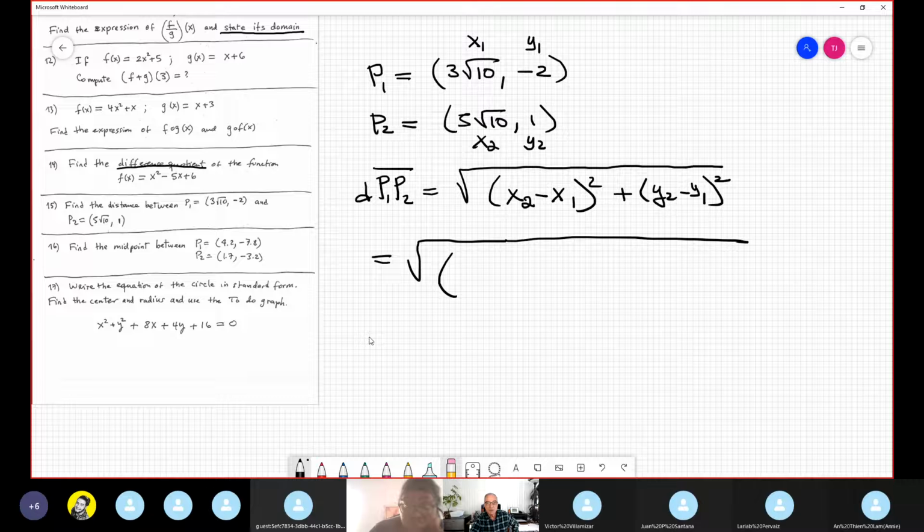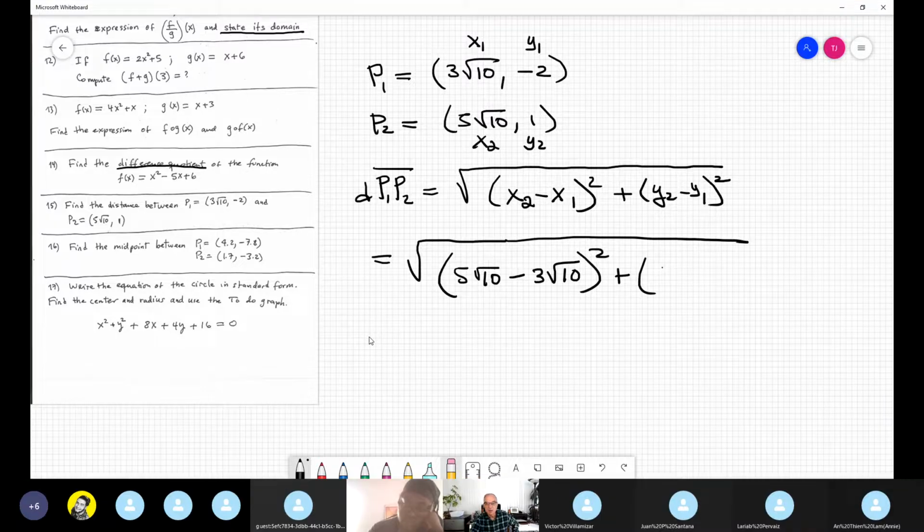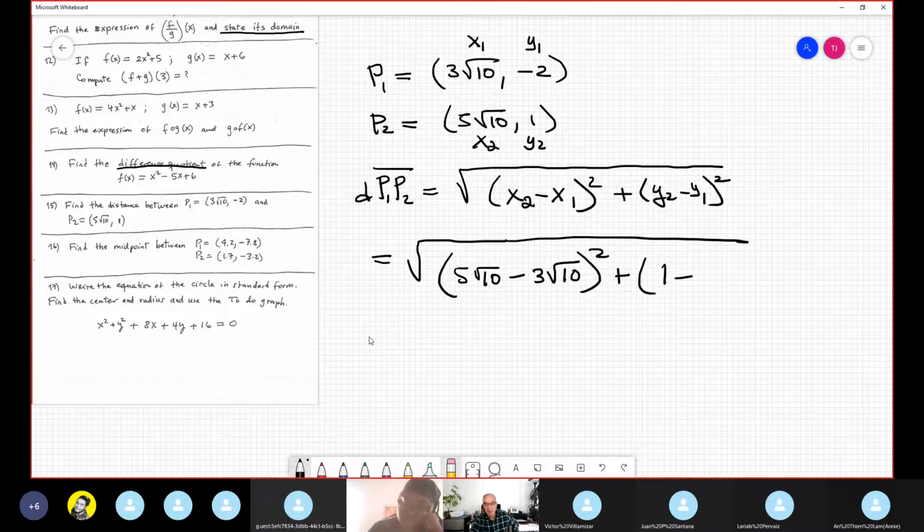Okay, x2 is 5 radical 10 minus x1, 3 radical 10, squared, plus y2, which is 1, minus y1, which is negative 2. So we have a double negative, and that negative and that negative together become positive. Let's do the subtraction, the x part. 5 radical 10 minus 3 radical 10 is 2 radical 10.